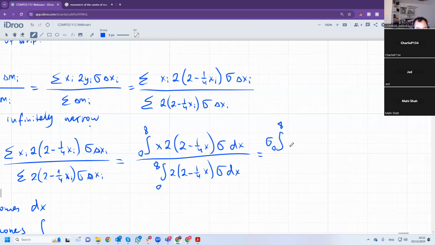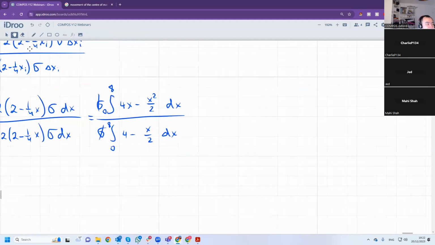So this is the integral of 4x minus x squared over 2 dx, divided by sigma times the integral from 0 to 8 of 4 minus x over 2 dx. Sigma cancels, and we are left with something, well, I'd say quite extraordinary.